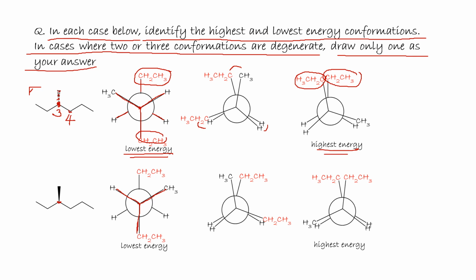Again, if the CH2CH3 and the CH2CH3 on carbon number 4 are anti to each other, that will be the lowest energy, and if they are eclipsing each other, that will be the highest energy.